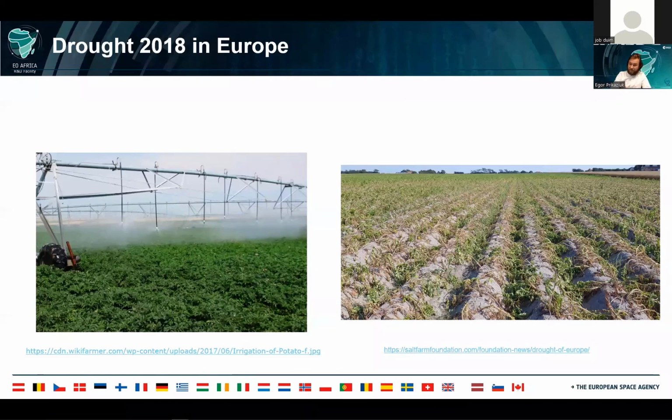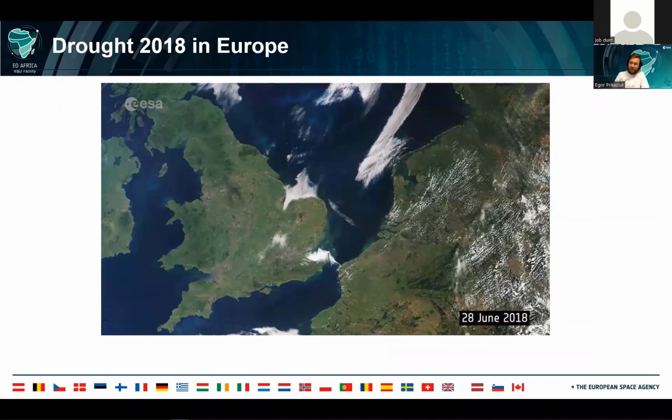Why did that happen? Well, there was not enough rainfall, and all the water that resided in the soil just evaporated. This situation is quite extreme, and it can be easily seen from remote sensing. For example, this is an image of Europe. Here you see Great Britain, here you see Netherlands, Belgium, part of France.